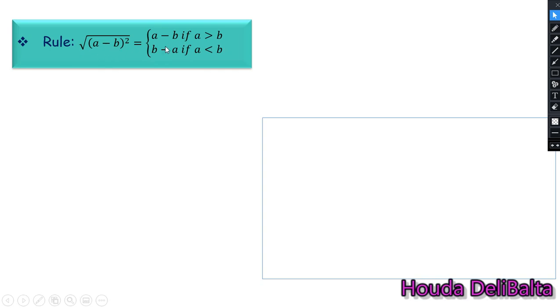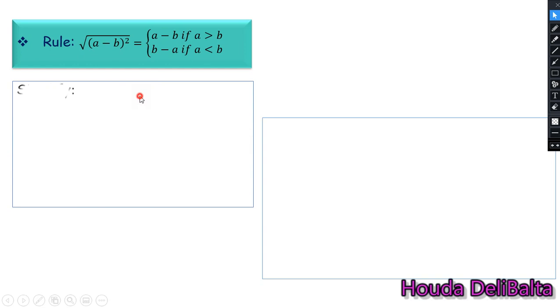If the greater number is first, I keep it as it is, while if the greater number is the second one, for example if a is less than b, then b is the greater, so I put b minus a, because the results of radicals are always positive. That's why I should put the greater number minus the smaller number to get a positive value.